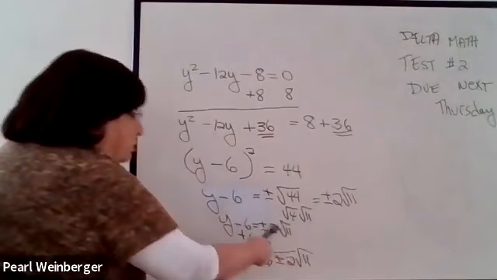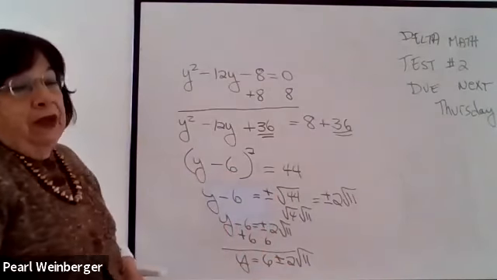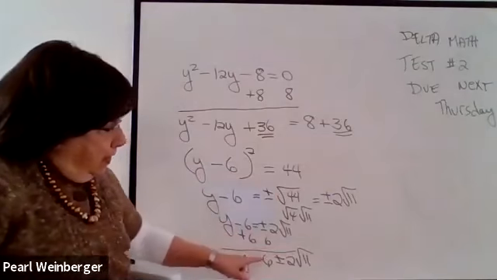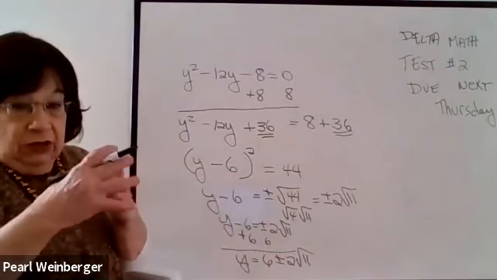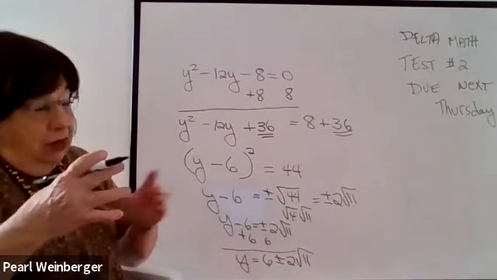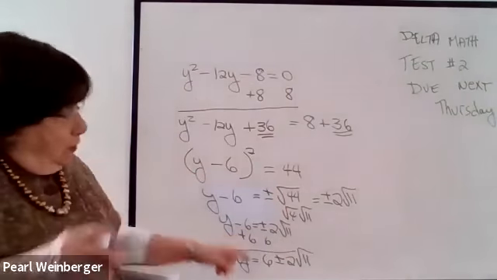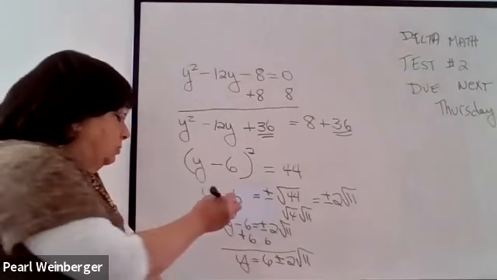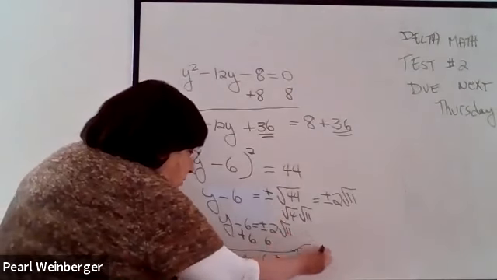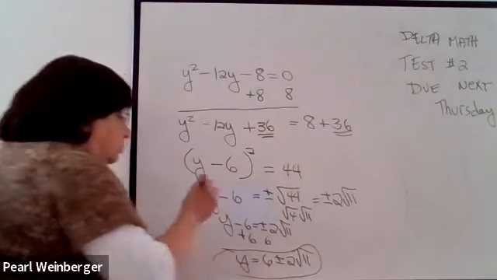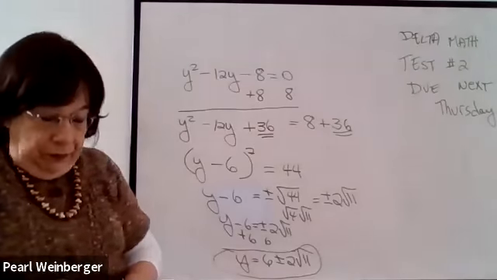I can leave it with this plus or minus because I'm not going to be able to combine them. The only time I actually separate it is if this would have been just, say, a 2, and the two numbers could have been combined. But here's your answer in what we call simplest radical form.